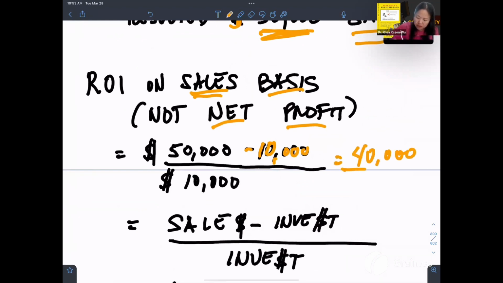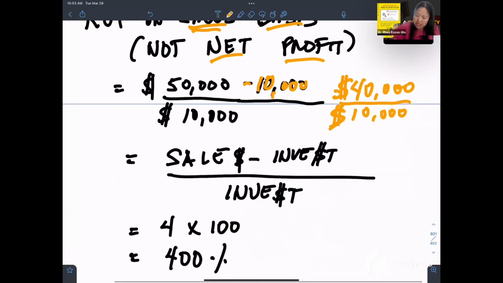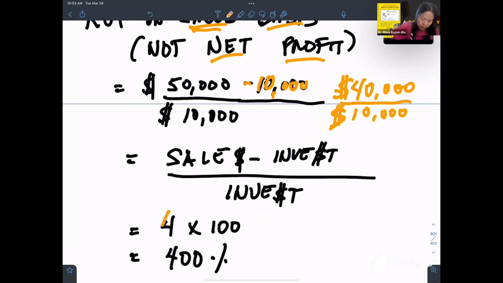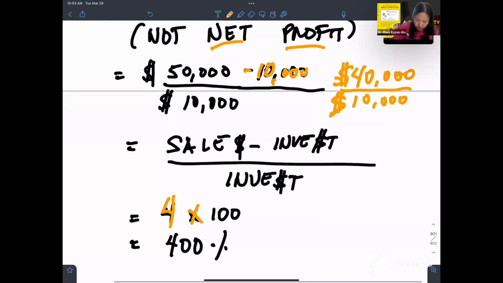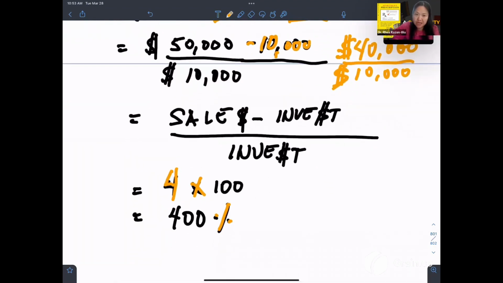So 40,000 divided by the 10,000 that we spent from our own money, right? We have to pay people to make us ads. So 40,000 divided by 10,000 will give us a number of 4. And we have to multiply it by 100 to get a percentage. So 4 times 100 will give us a 400% return of investment.